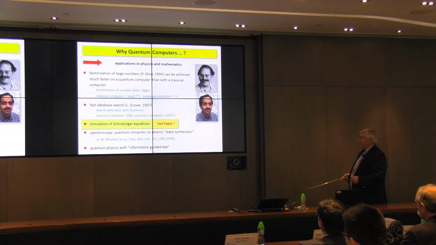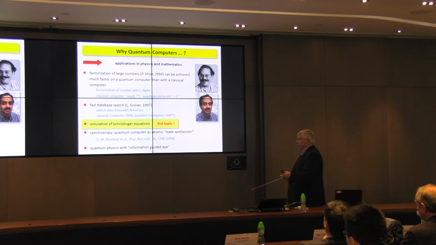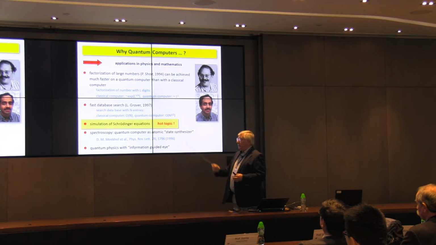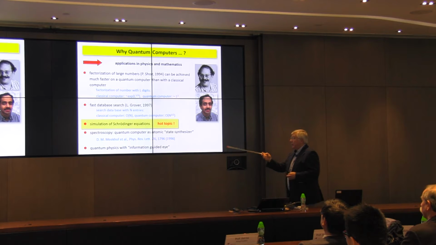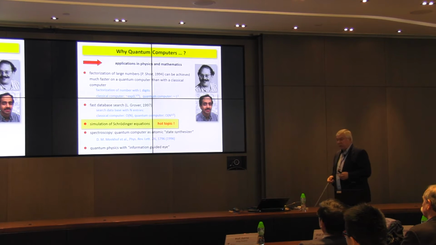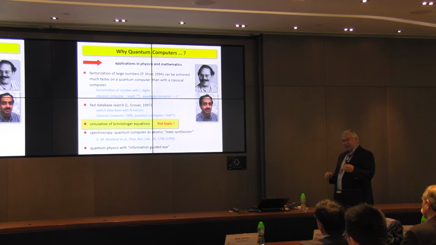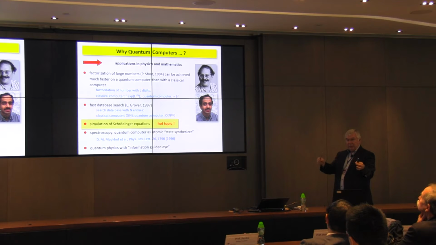Something else that is probably long forgotten, but is not emphasized very often, is spectroscopy, or what I call the quantum computer as an atomic state synthesizer. As Dave Wineland and his group have shown in one of these papers, if you really have a quantum state, then you can tailor it, because you can manipulate atoms in such a way that it is best suited for a certain measurement.